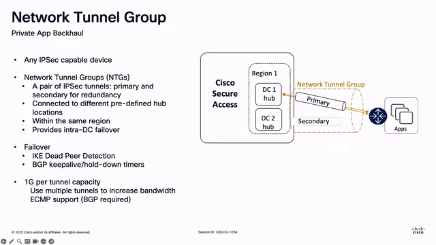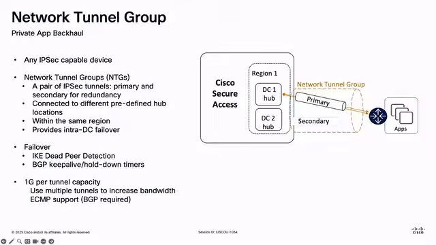So as shown here, a network tunnel group consists of a primary and secondary tunnel. You're going to have a network tunnel group per site. So for each branch, you'll have a network tunnel group, and for each data center, you'll have a network tunnel group connection. When you set up a network tunnel group in Secure Access, it automatically creates two IPsec hubs.